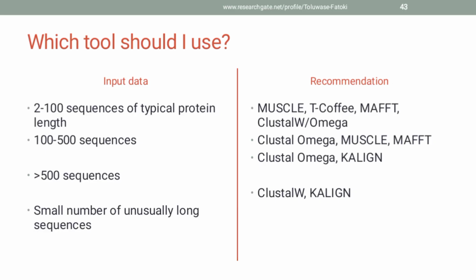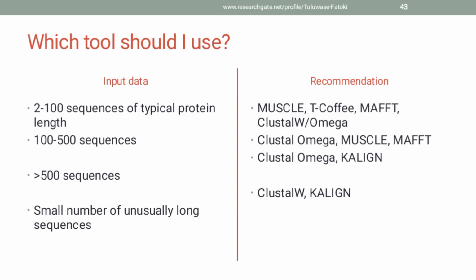So if you have your sequences and you want to determine which particular tool or algorithm you need to use: if you have fewer than 100 sequences, then all the major tools can help you to analyze them. But if your sequences are above 100 and below 500, then Clustal Omega, MUSCLE, and MAFFT will do that very well.